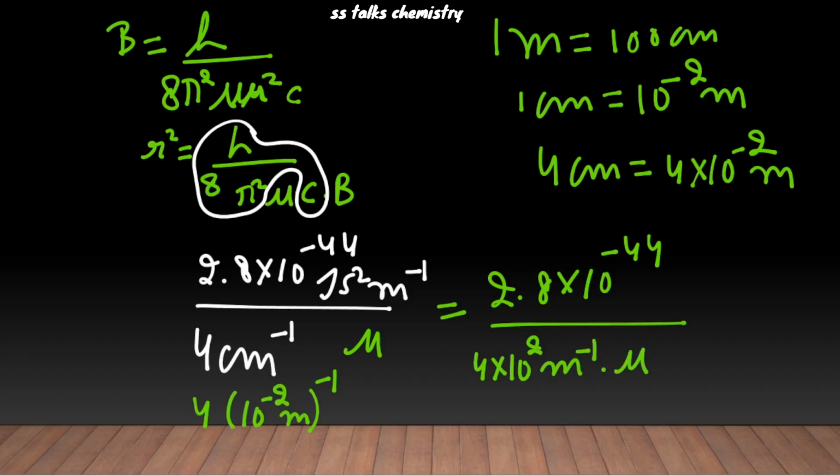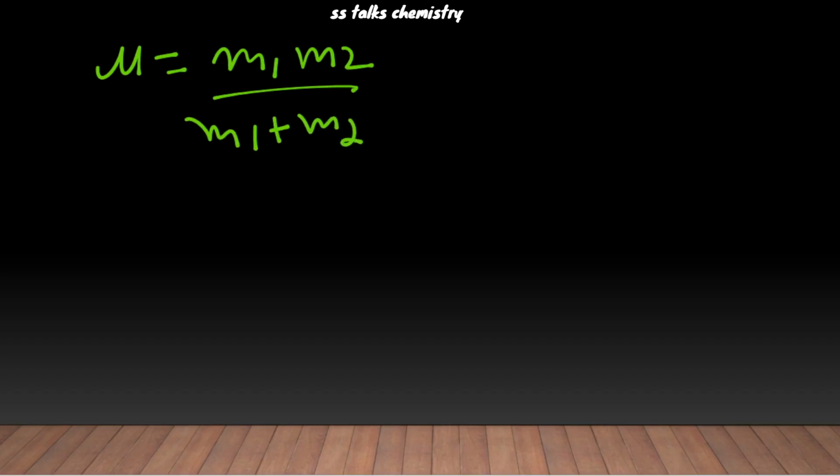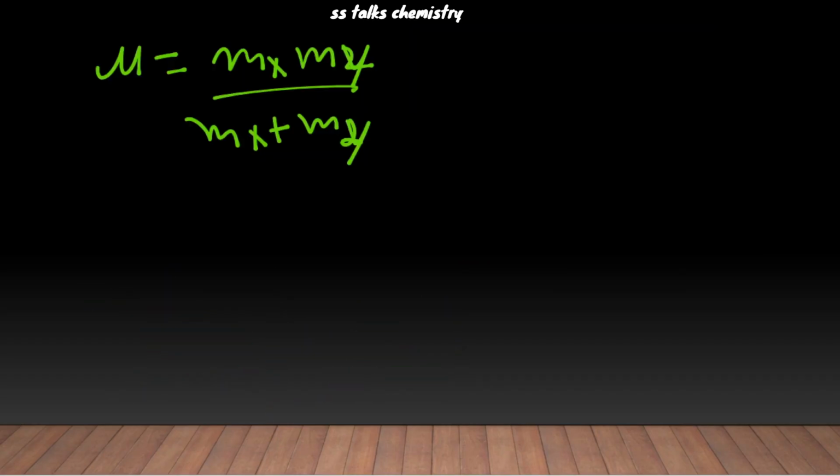Now the reduced mass value that you have to take. Mu value is m1 into m2 upon m1 plus m2. Here for m1 and m2 you have the x and y values, right? So now the x mass is given as 5 amu and the y is 40.